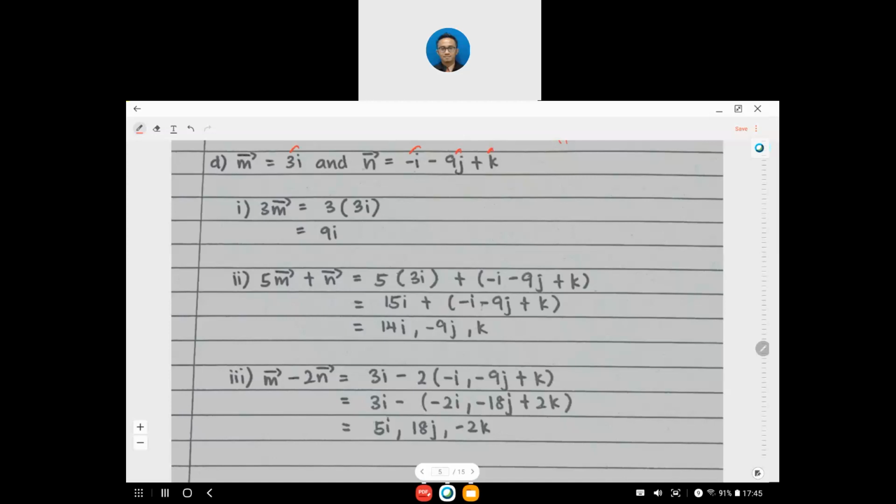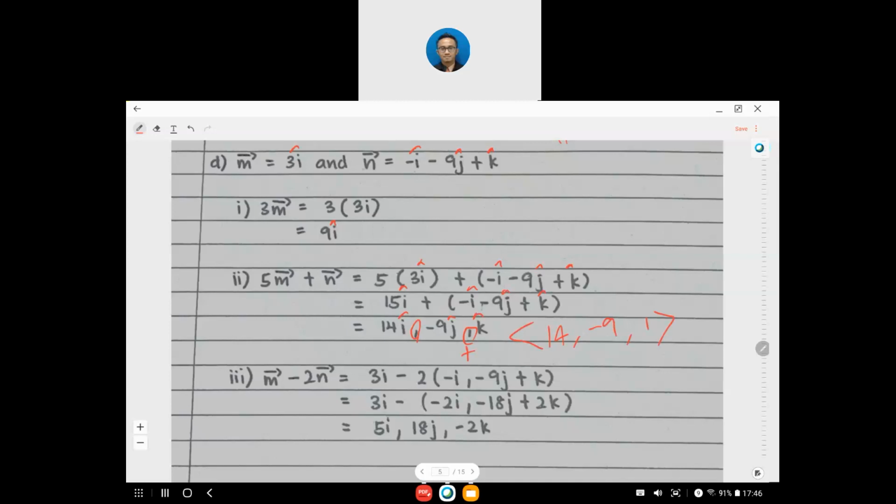So 3m equals 9i, this one is direct. Then 5m, same thing with the symbol, 15i. Then you get 14i minus 9j plus k. Or you can also write 14, negative 9, 1, if you really want commas. If you use ijk, there must be plus and minus.